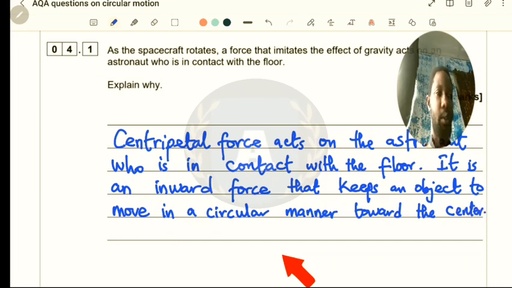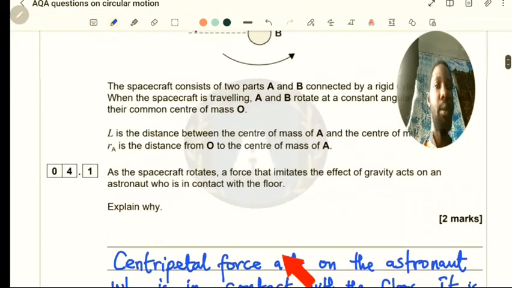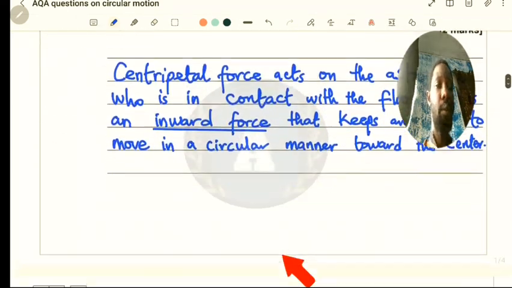Okay, so centripetal force is the inward force that makes the object move in a circular manner continuously in that regard. Now that was the first part of the question.